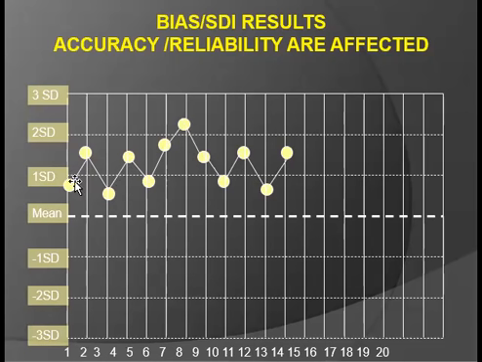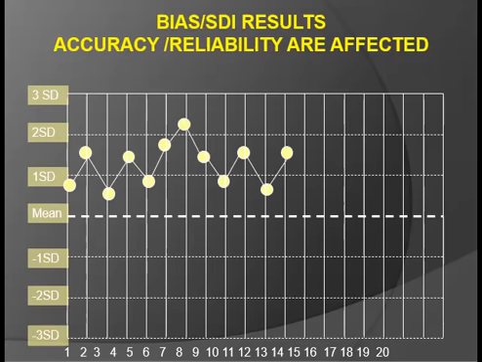And this is already 1, 2, 3, 4, 5, 6, 7, 8, 9. This is actually already violating what Westgard rule? The 10x, right? Okay? So this is what you will possibly see when there is bias or a poor SDI result.